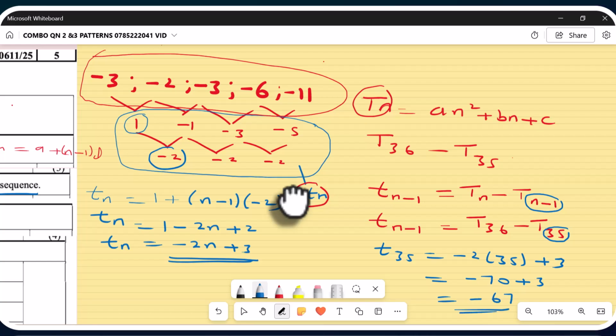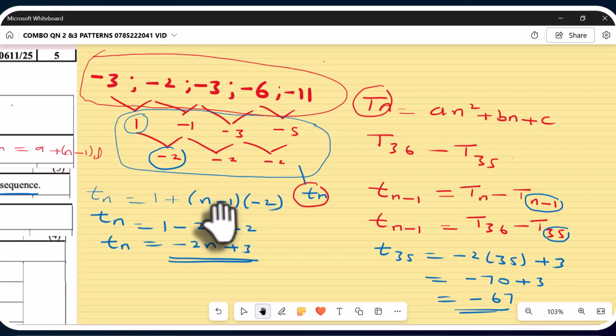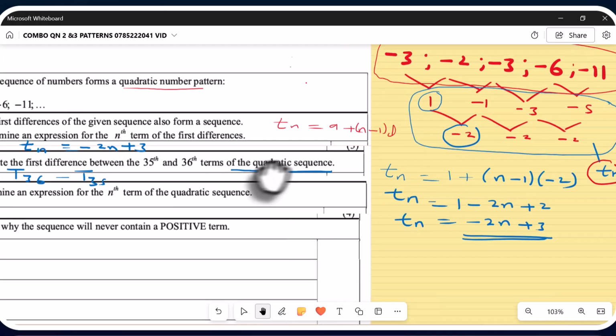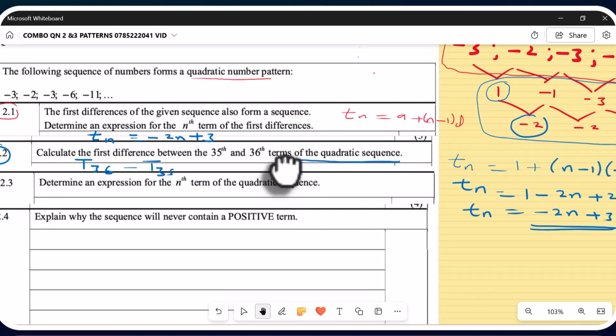In this case, 2a equals the second difference, which is the -2 that you see here. So my 2a is -2, and divided by 2, our a is -1.